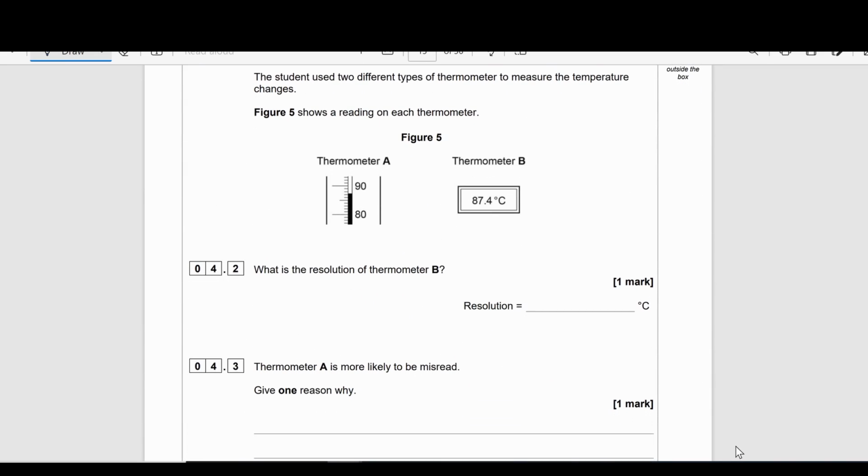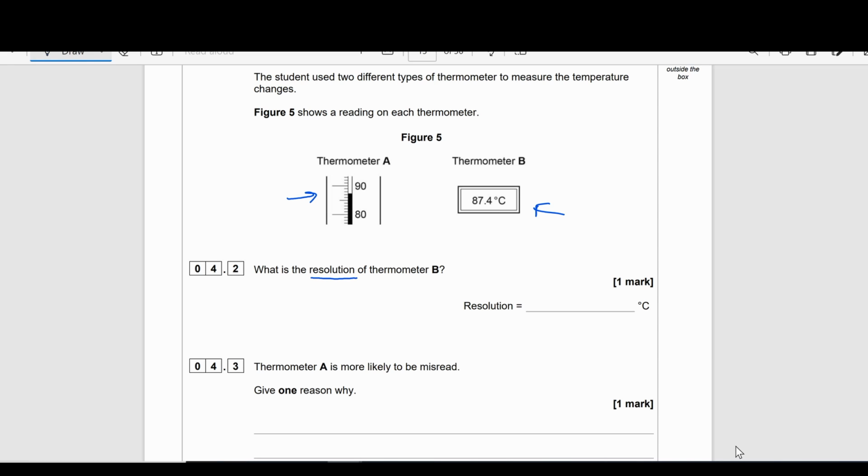The student used 2 different types of thermometer to measure the temperature changes. Figure 5 shows a reading on each thermometer. So what have we got here? We've got a manual thermometer, thermometer A, and we've got a digital one, thermometer B. So we can already start to think about the disadvantages and advantages of each.